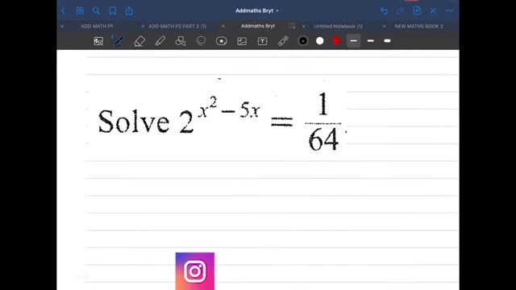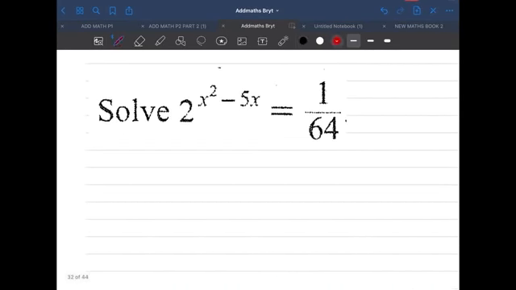If you see this question, 2x square minus 5x. If I notice 64, it's 2 power 6. Yes or no? 2 power 1 is 2, 2 power 2 is 4, 2 power 3 is 8, 2 power 4 is 16, 2 power 5 is 32, and 2 power 6 is 64. Now, can I shift this in the numerator?